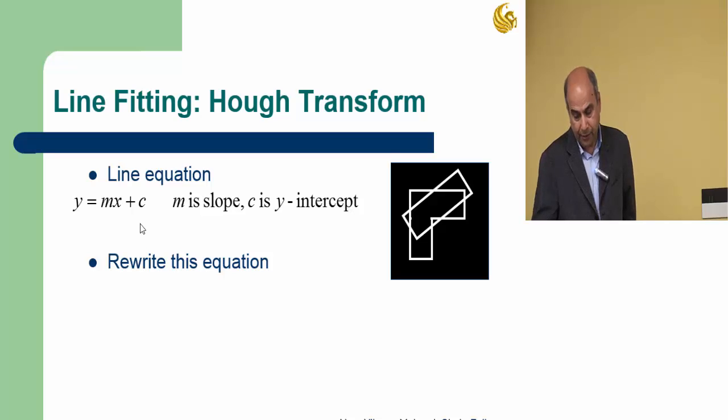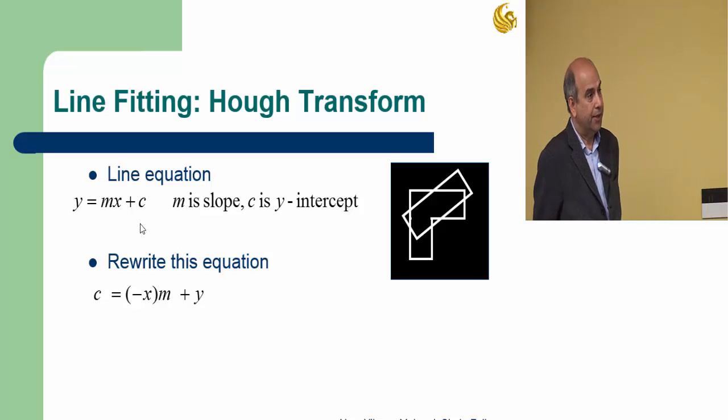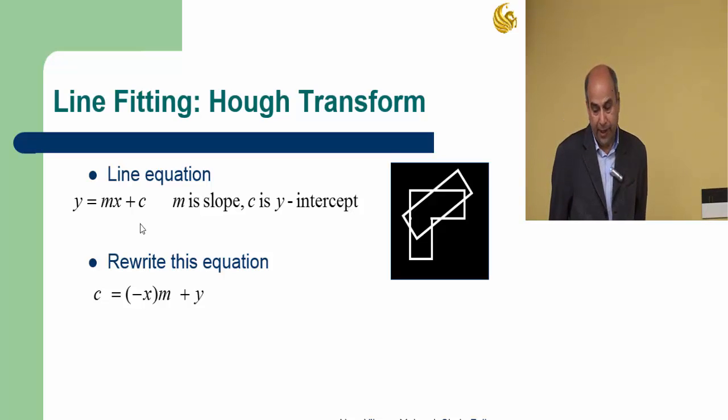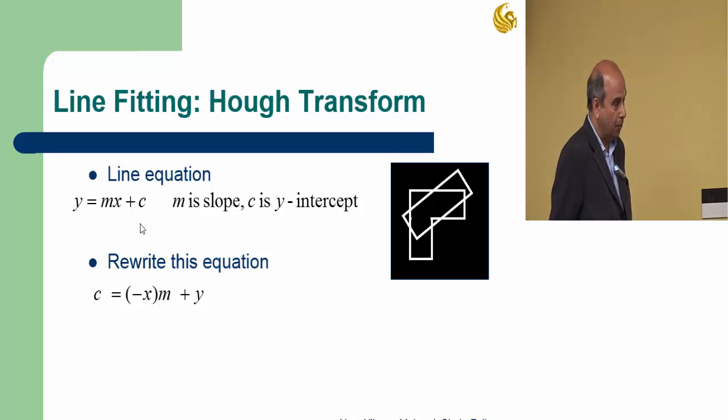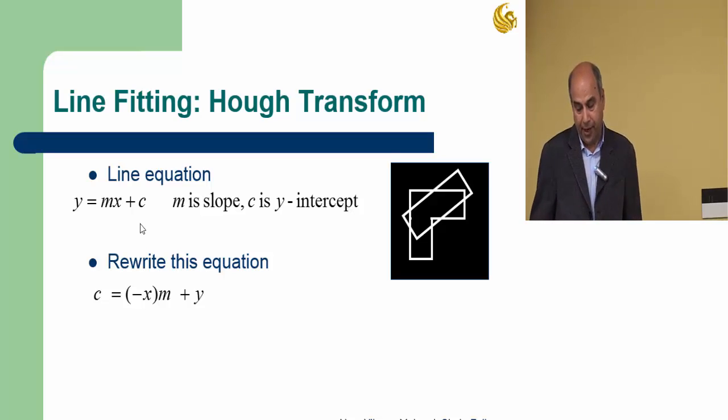Now if we rewrite this equation like this, C is equal to minus X M plus Y, then this also is the equation of a line in C and M space, where the slope is minus X and the intercept is Y. So that's a pretty interesting way to rewrite it, and that was the whole insight about this.